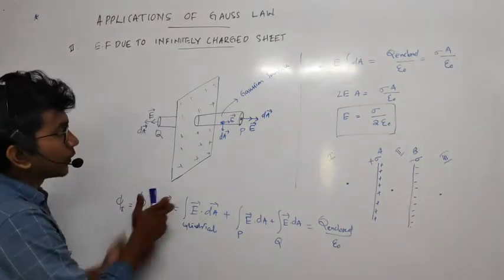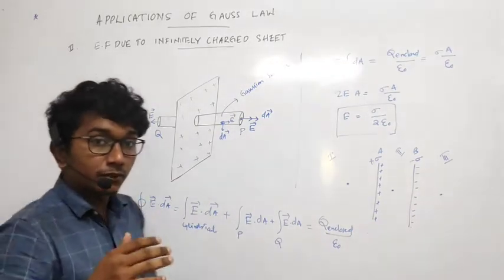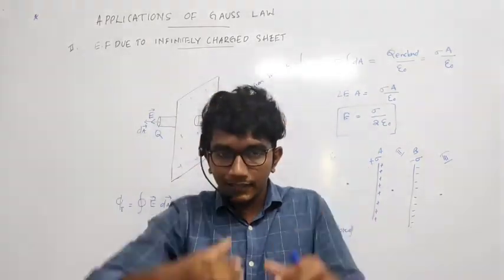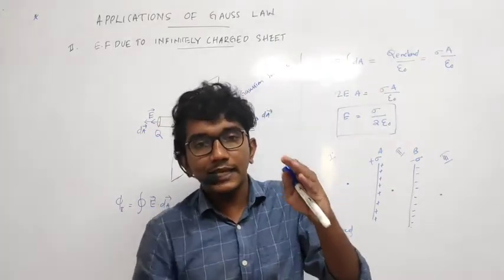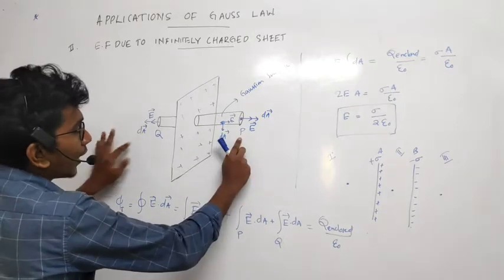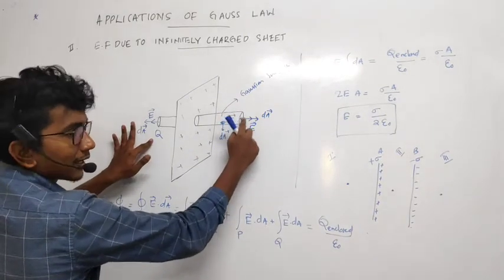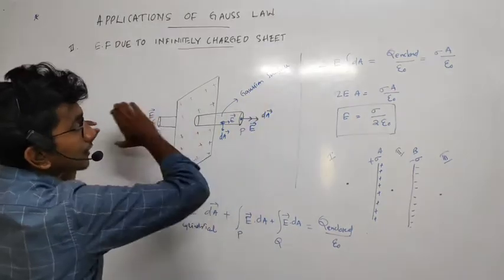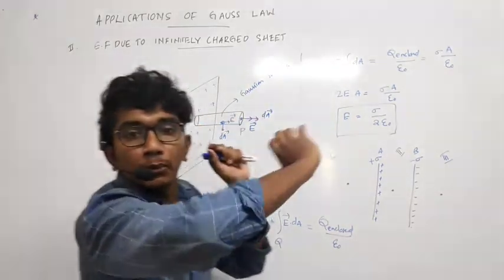In the previous case, do you remember, there was the top surface, then the cylindrical or curved surface, then the bottom. Here also 3 surfaces are there: the circle P, the second circle Q, and that curved portion.